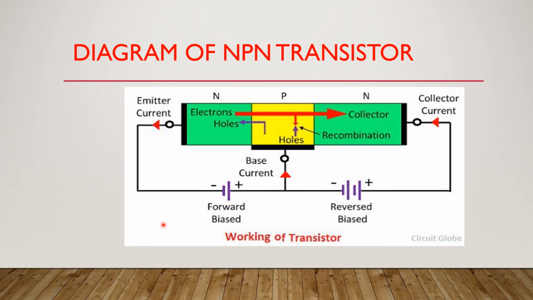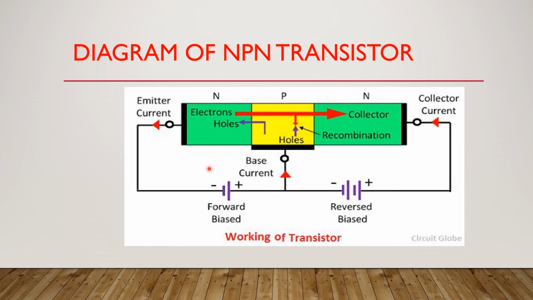Now, the working of transistor. So here we will discuss NPN transistor. This is the diagram of NPN transistor. In NPN transistor, two N layers are present and one P-type material is there.